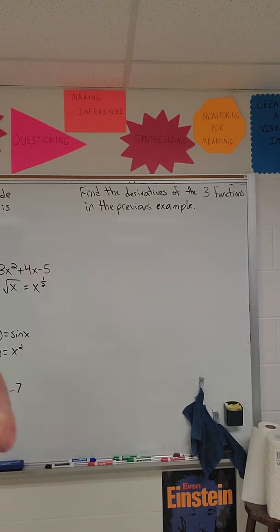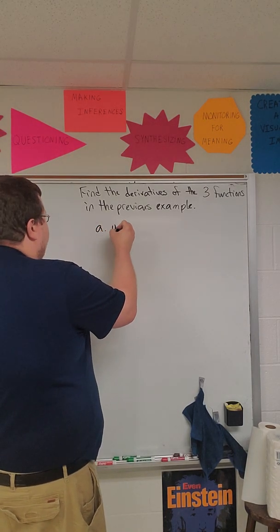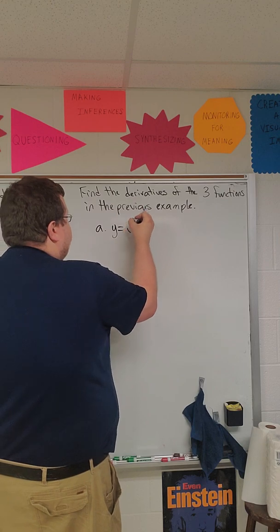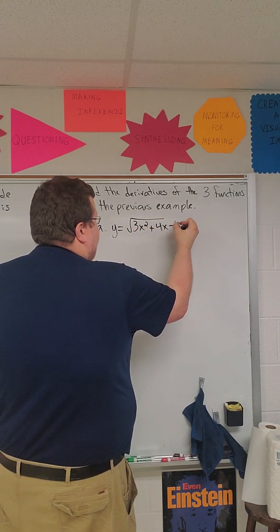Again, I'll put a PDF or picture of these notes on Google Classroom as well. So for the first one, we had y equals the square root of 3x squared plus 4x minus 5.